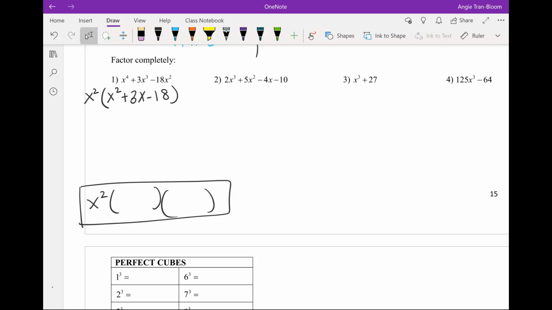Box your answers when you're done. Check it with your friends and move on to 2. Check it. Talk to each other.